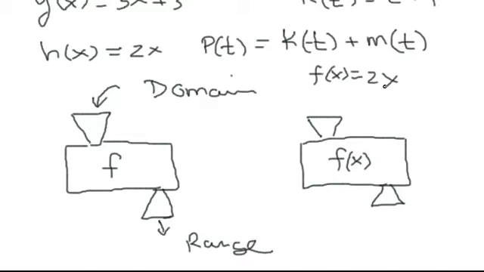Let's say the domain is the set of natural numbers. So in other words, 1 goes into our function. What do you think comes out? 2 times 1 is 2. So 1 goes in the machine and 2 comes out of the machine.